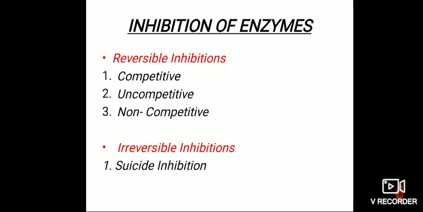We will cover inhibition of enzymes in the next video, and for which you can get a little introduction. Inhibition of enzymes is broadly of two types: reversible and irreversible. In reversible, we study three types of inhibitions, that are competitive inhibition, uncompetitive inhibition, non-competitive inhibition. Competitive inhibition is the kind of inhibition in which there is competition between the substrate and the inhibitor.